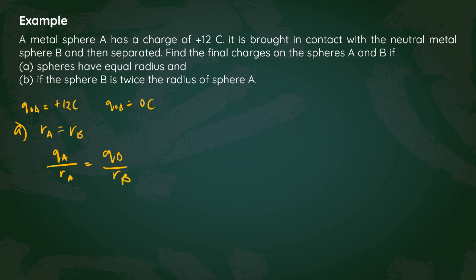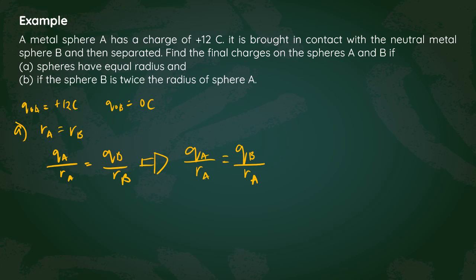Now, since RA is equal to RB, we can express both radii as RA. So we have QA over RA is equal to QB over RA.